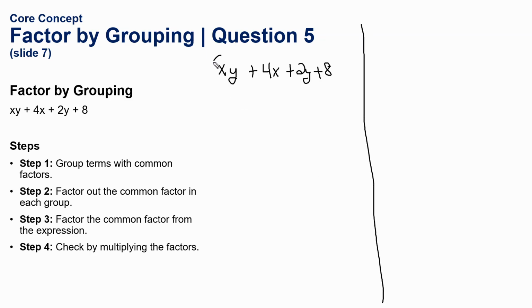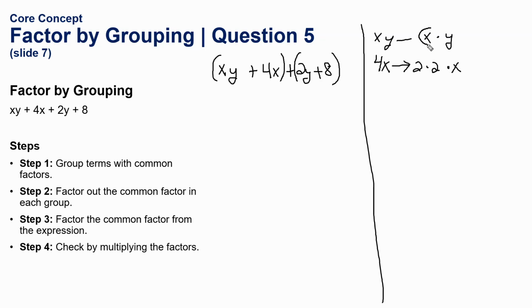We're going to first group our terms that have common factors. So the xy plus the 4x. So let's go ahead and start up here first. So xy is really just x times y. And then the 4x is going to be 2 times 2 times x.